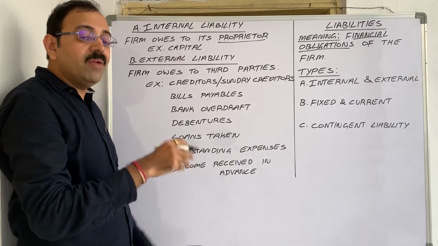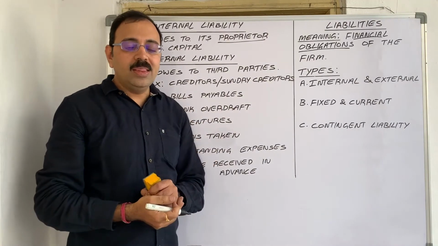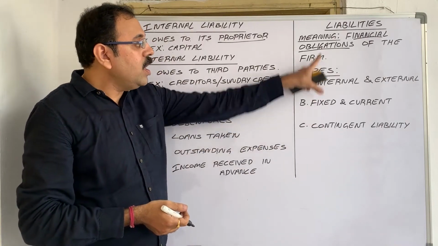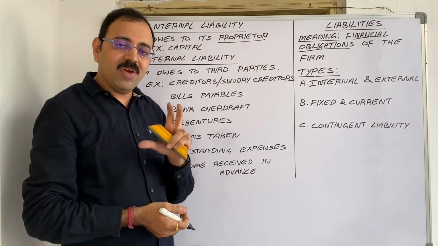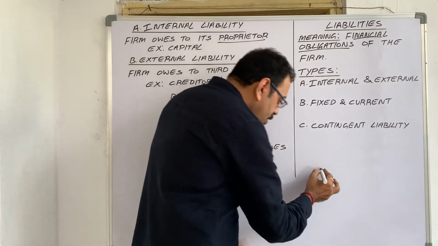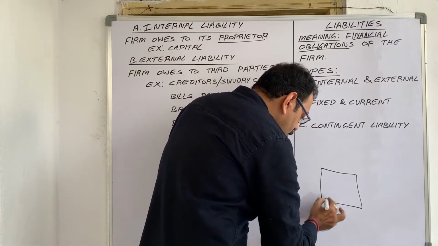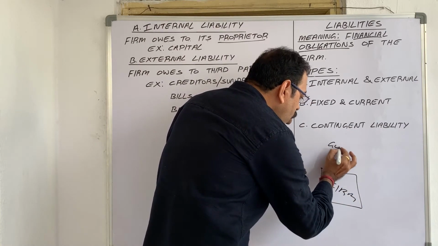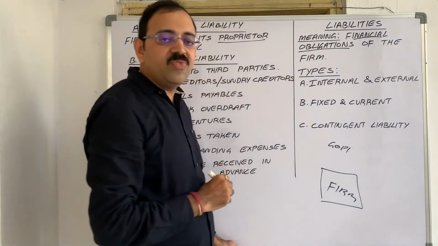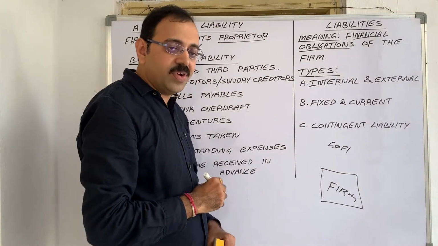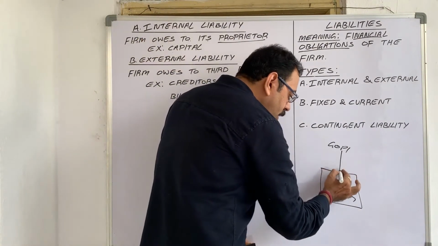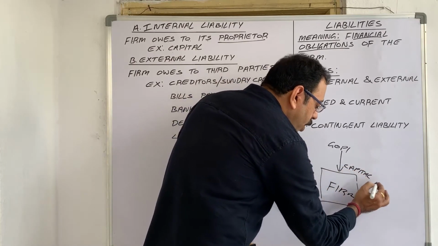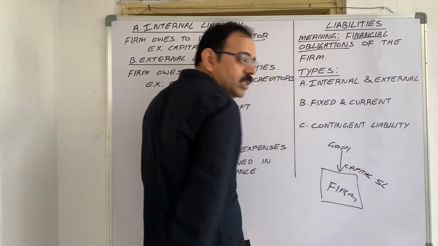To the owner, if the firm is liable, then that liability is known as internal liability. Take one example. There is one firm and Gopi is the owner of this firm. To start the firm, Gopi brought some capital. The amount is 5 lakh rupees.